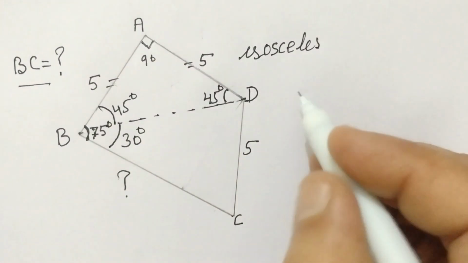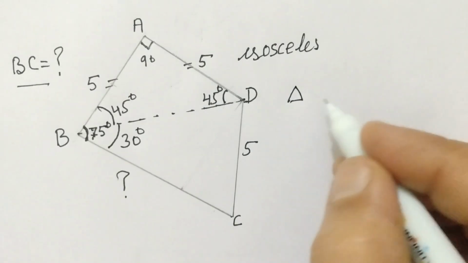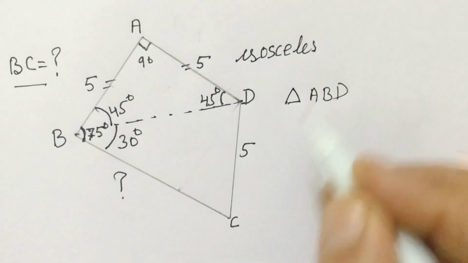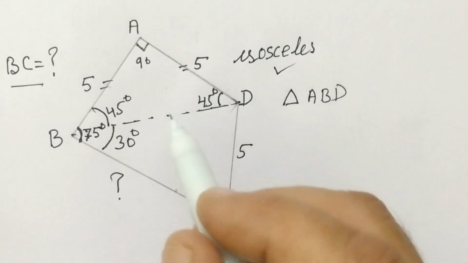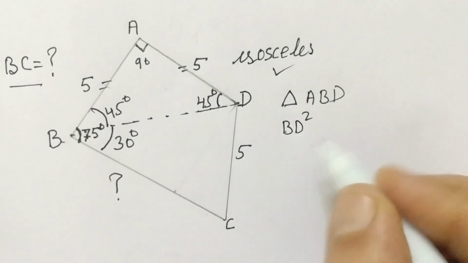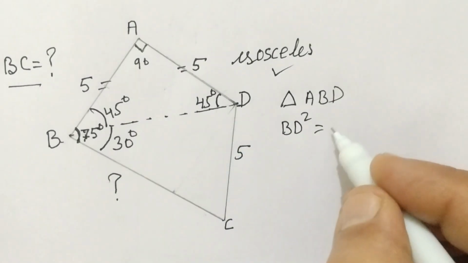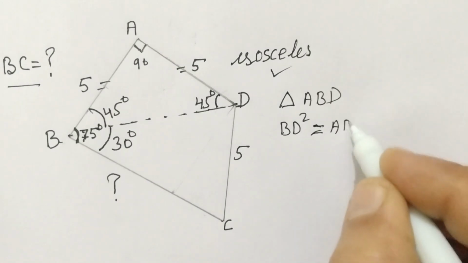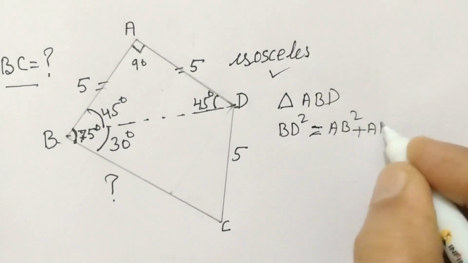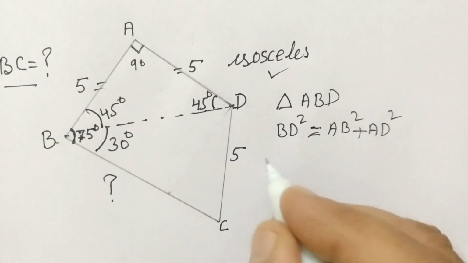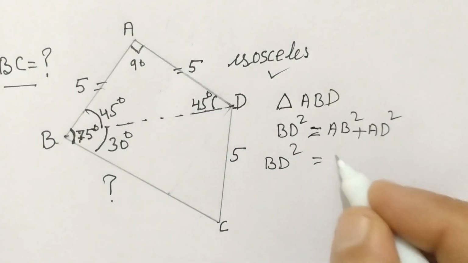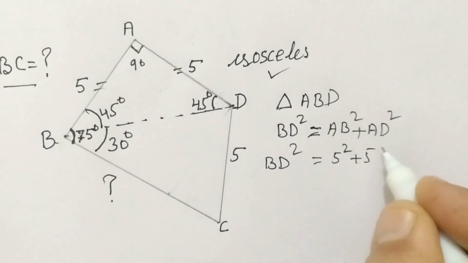Okay, if we take triangle ABD, using Pythagoras theorem, BD square is equal to AB square plus AD square. So BD square is equal to 5 square plus 5 square.